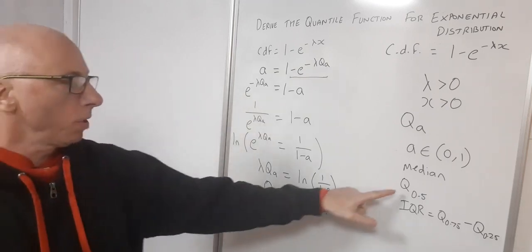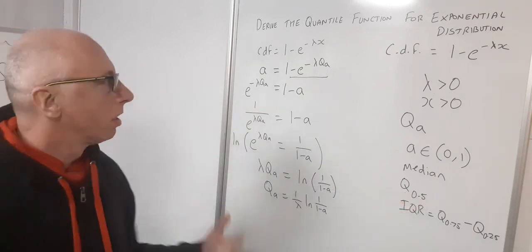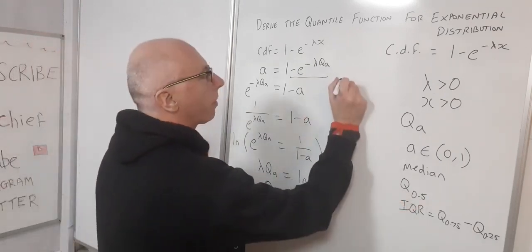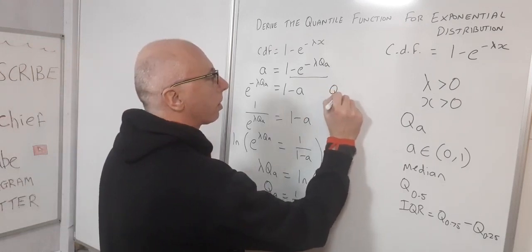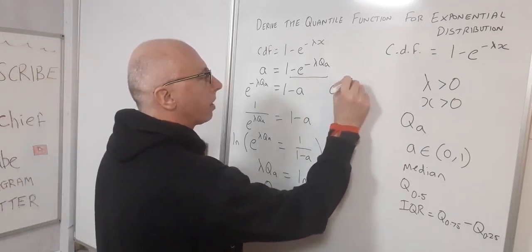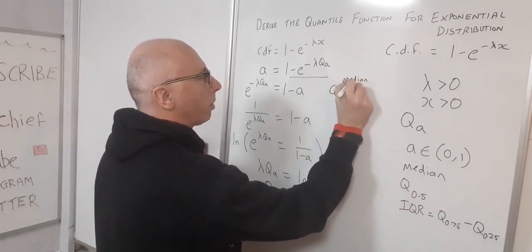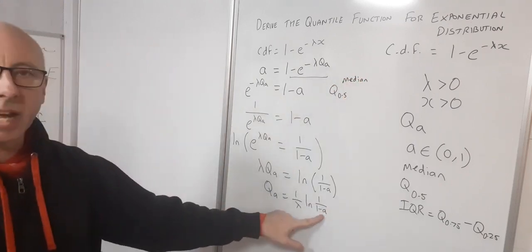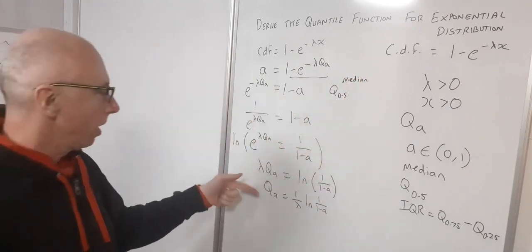For example, if we wanted our median, Q of 0.5, let's write that here. Q of 0.5, that's our median. Where we see the a, we just plug in 0.5.